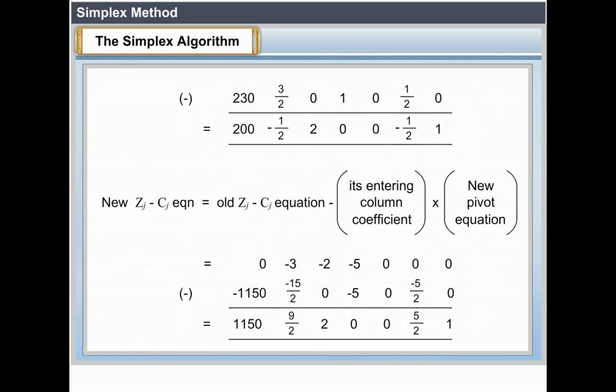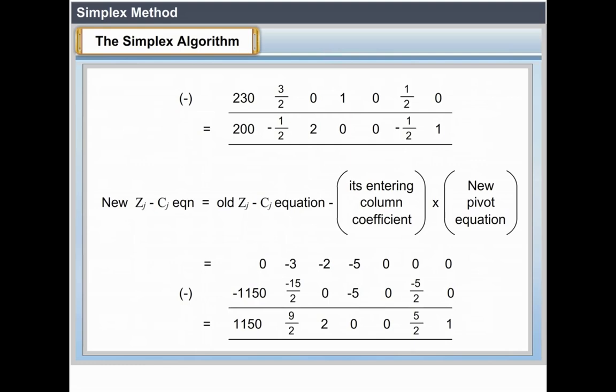New Zj minus Cj equation equal to old Zj minus Cj equation minus its entering column coefficient into new pivot equation, equal to 0, minus 3, minus 2, minus 5, 0, 0, 0 minus of 1150, that means 1150, minus 15 by 2, 0, minus 5, 0, minus 5 by 2, 0.